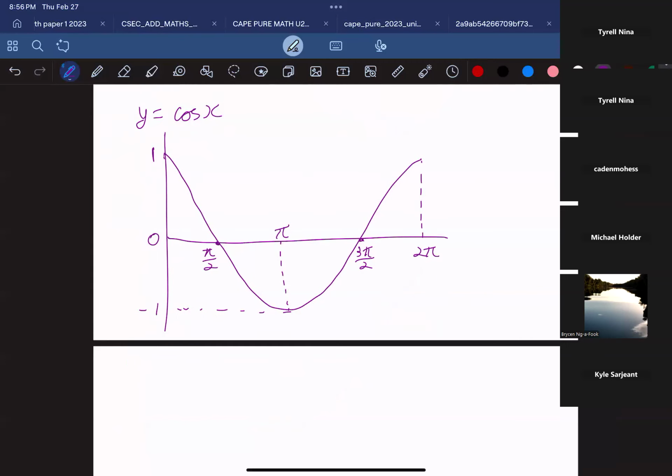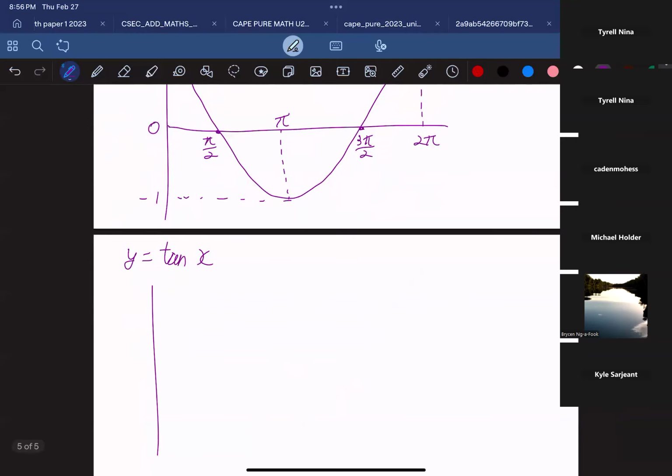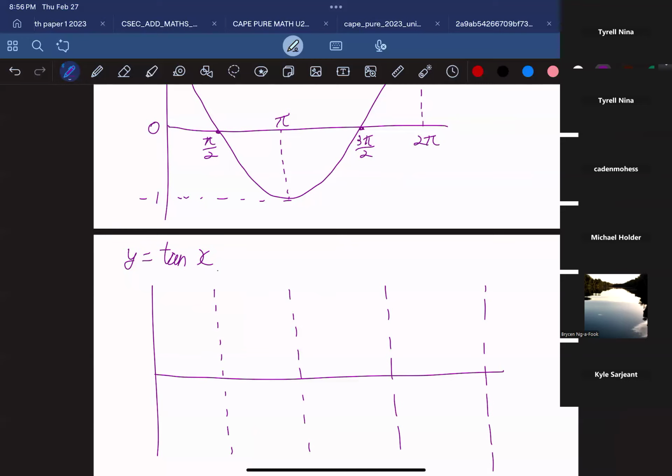Then I have y equals tan x. Now, tan x is the weird one. So we make 4 like this: pi over 2, pi, 3 pi over 2, 2 pi.